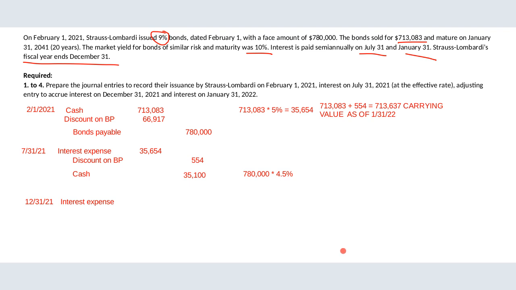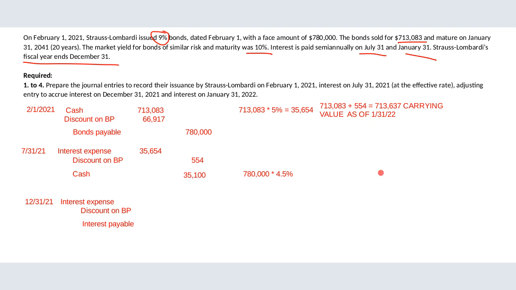And we're going to credit our interest payable, and then, of course, we're going to have our discount on bonds payable as well. So that's an added complexity, right?